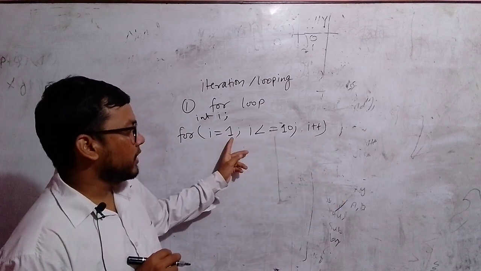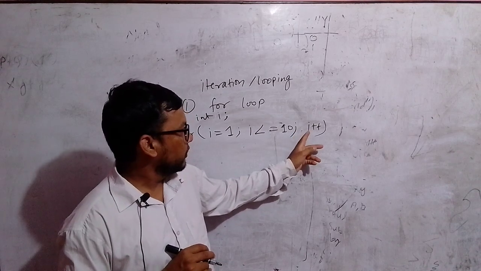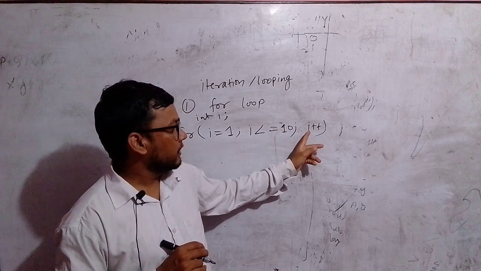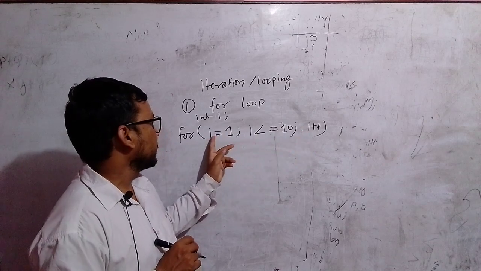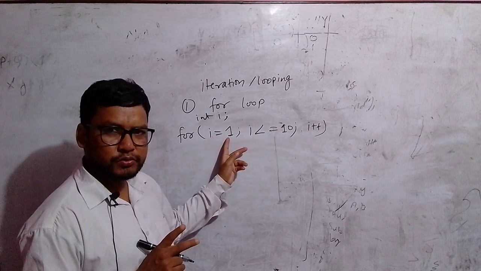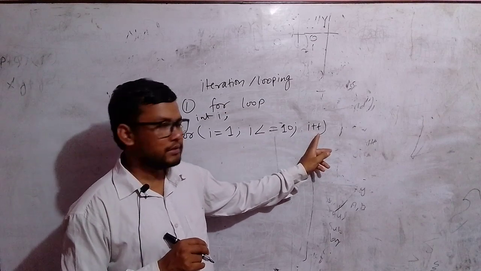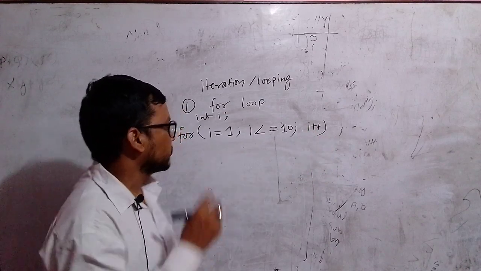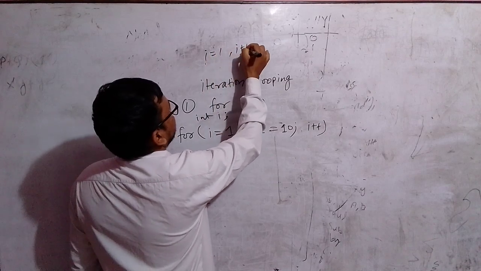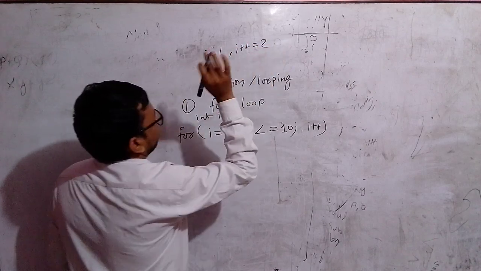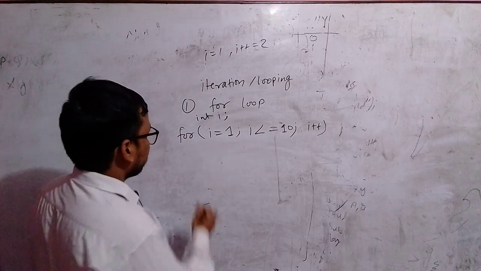If the value of I is 1, I plus plus increases the value of I by 1 and it becomes 2. If the value of I is 2, then I plus plus makes the value of I 3, and so on. That means if I is equal to 1, I plus plus makes it 2 because it increases the value of I by 1.